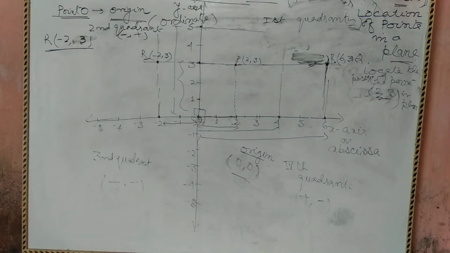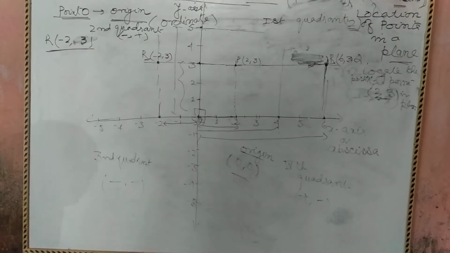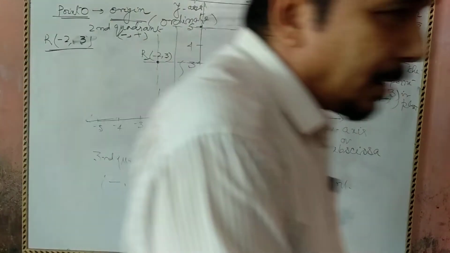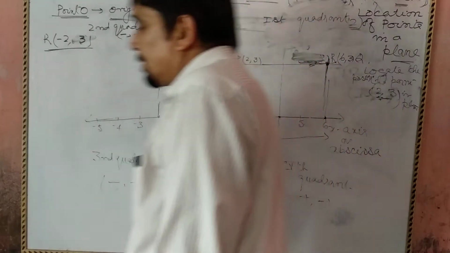What are the actual numbers of the points? It will always be an ordered pair because we are studying coordinate geometry in two-dimensional figures. Okay. In the 9th syllabus we have to study coordinate geometry in two-dimensional figures.